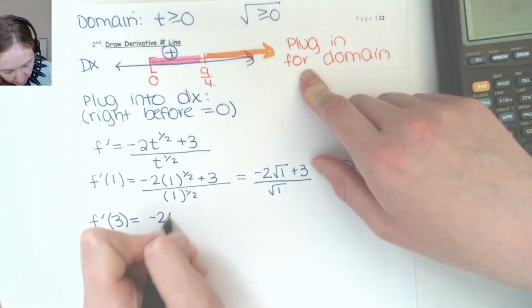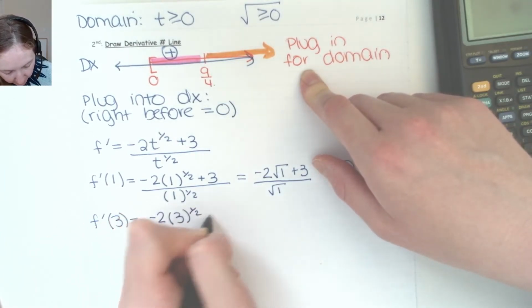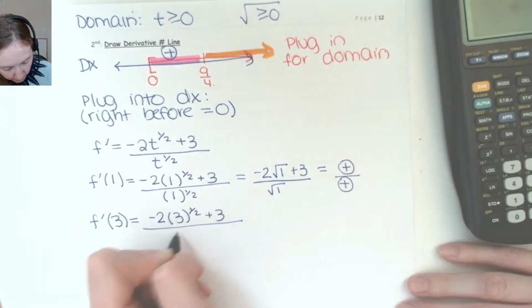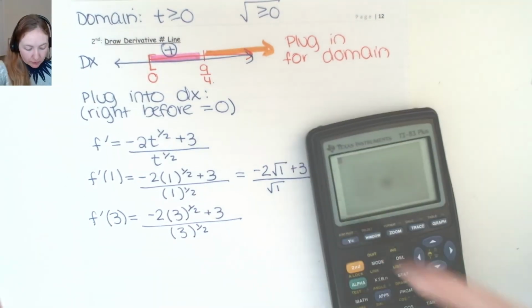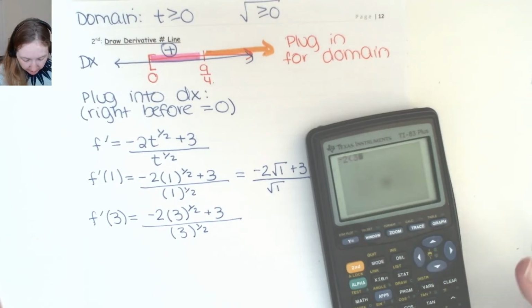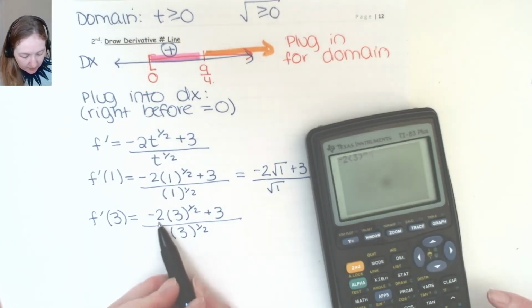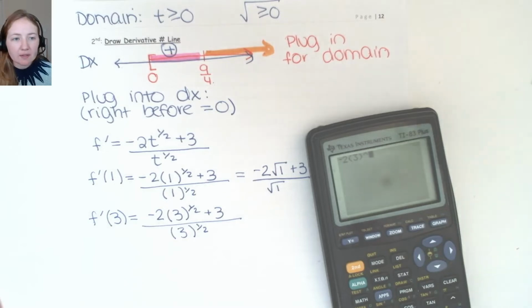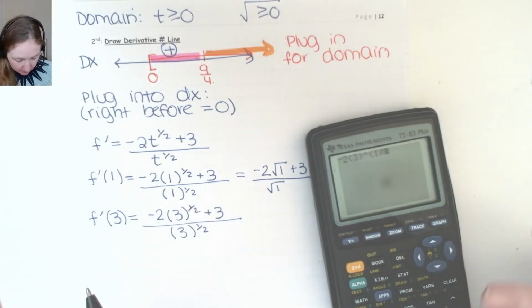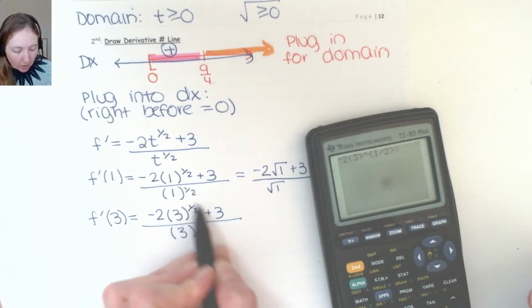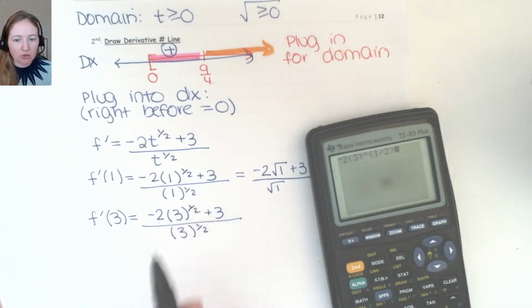So I have -2, 3 to the 1/2 plus 3 over 3 to the 1/2. Now, if you're using your calculator, you can plug in the -2, 3. One thing to mention, this 1/2 needs to be in parentheses because all of that needs to be raised to the 1/2 power.